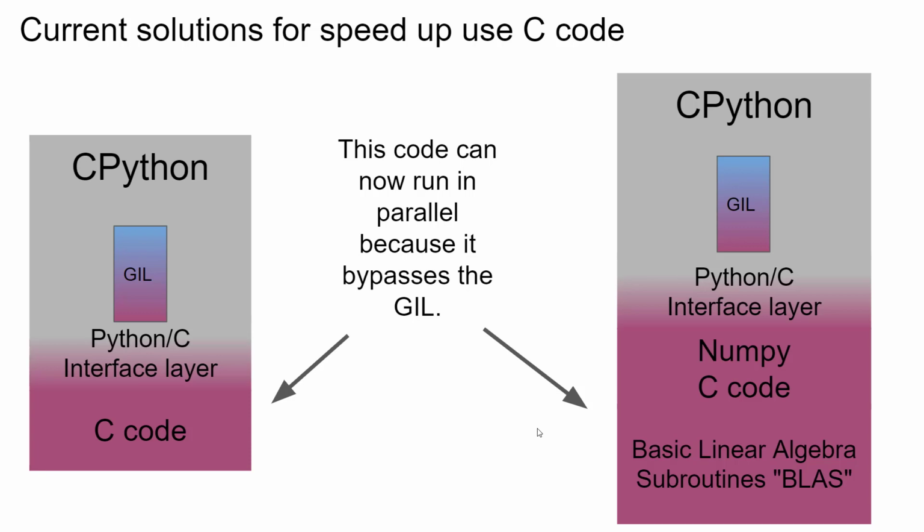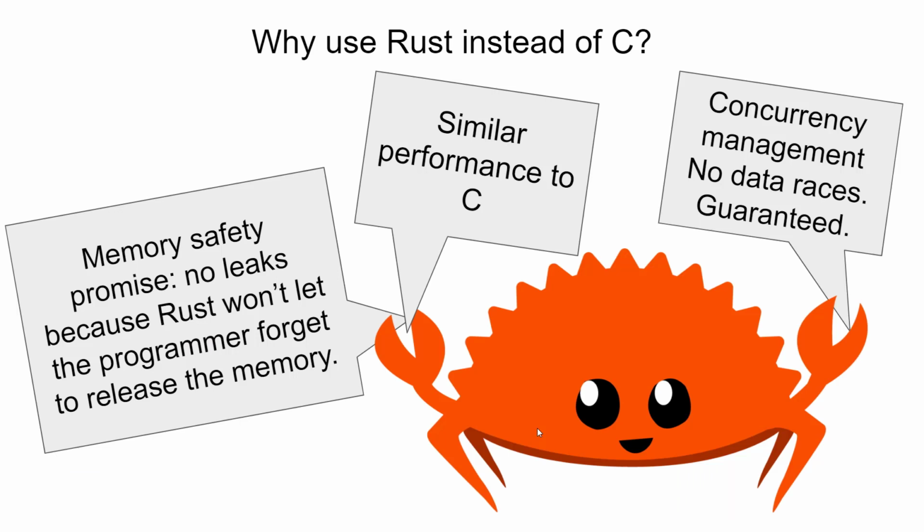So if Python already has a mechanism for running code in parallel with C, why look at Rust? The reasons to look at Rust are that the performance of Rust is similar to C, that there's a memory safety promise that we won't have data leaks, and there's concurrency management, so we're not going to have data races.